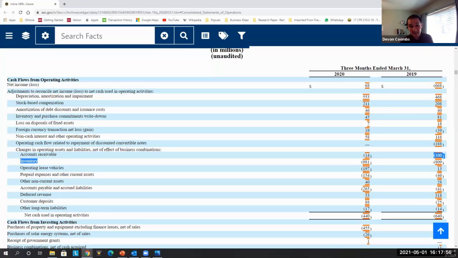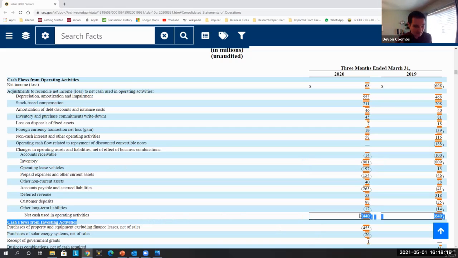But from a cash basis, we still spent the cash to buy the inventory. And so from an income statement basis, that's expenses for future periods. But from a cash basis, they spent $981 million on inventory that isn't reflected in the income statement. And so that's what drove a really large loss.